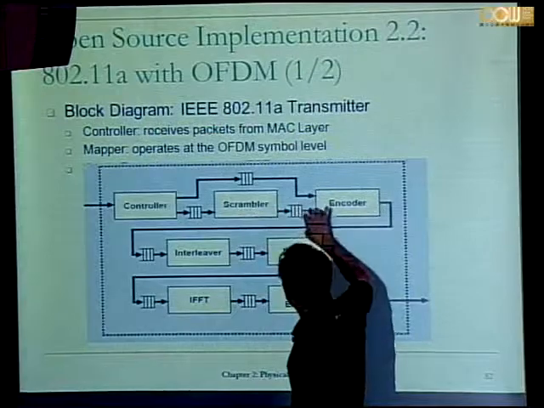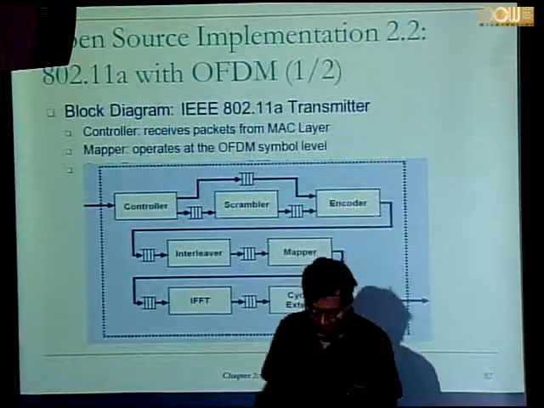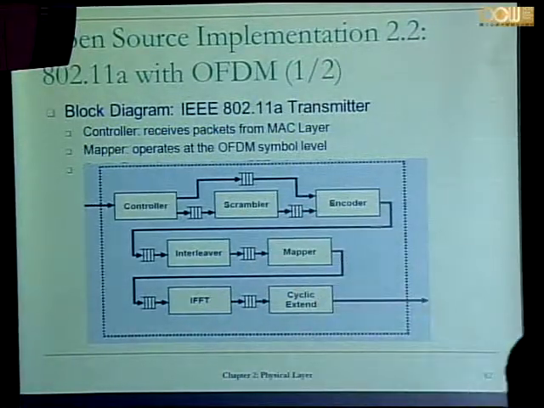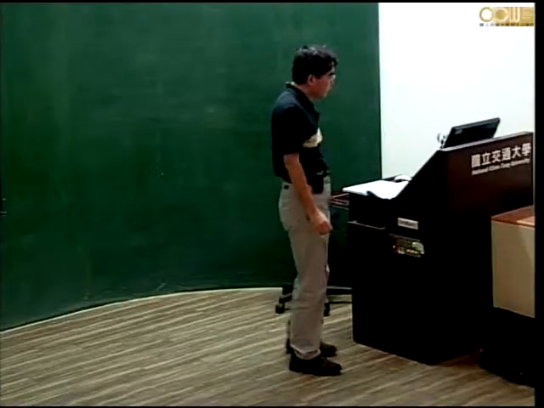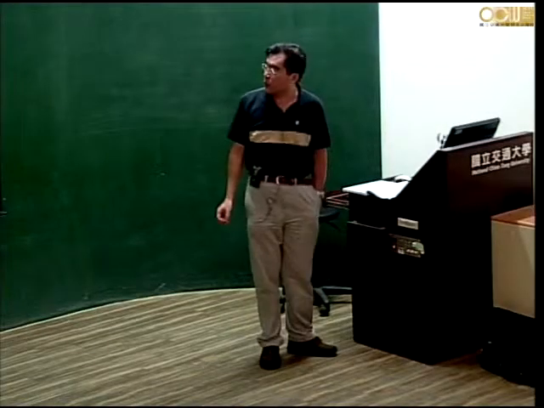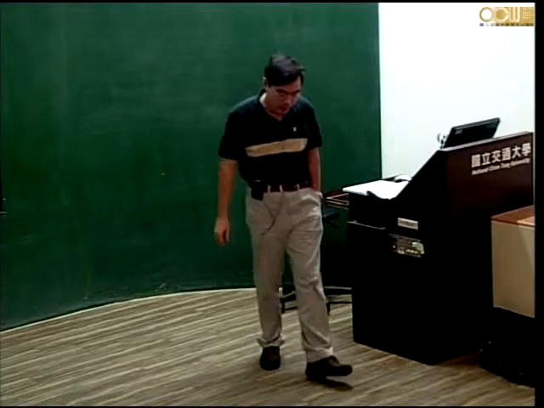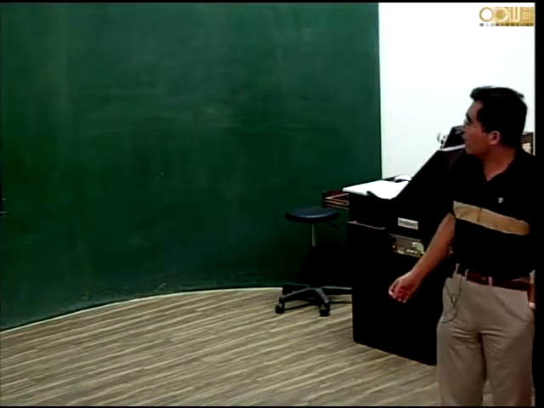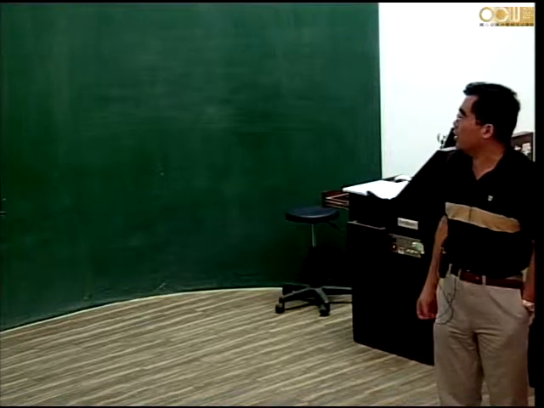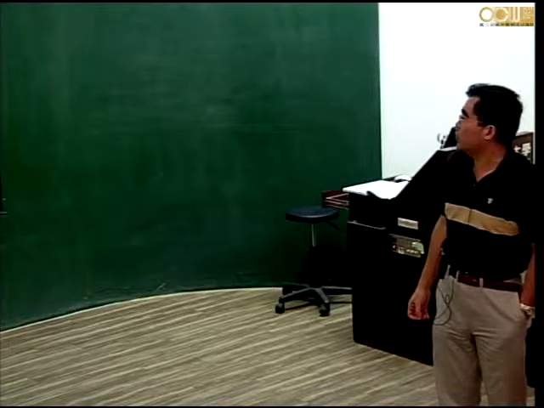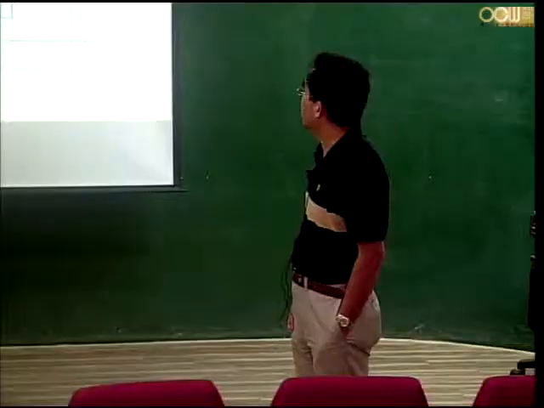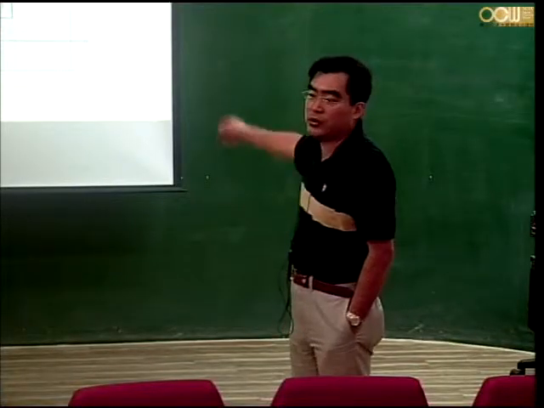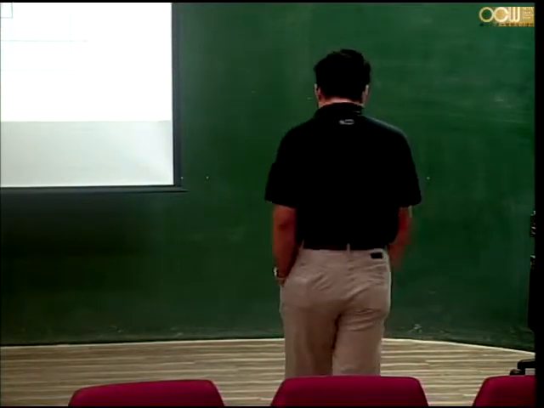However, there are some other modules that complicate the design. And in the textbook, I describe these modules. However, if you are not a physical layer person, it will be difficult to understand or appreciate them. But the key operation is the inverse fast Fourier transform.